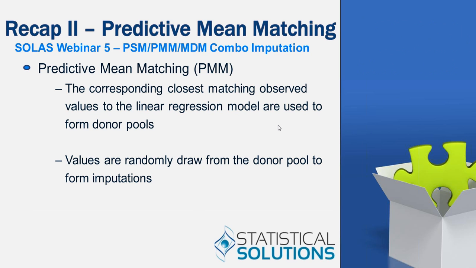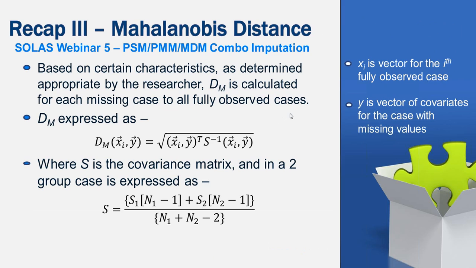And finally, the third method incorporated into our combination method is the Mahalanobis distance matching. Here this is based on characteristics that are defined by the researcher, such as age, height, income, depending on the study. The Mahalanobis distance is calculated for each missing case to all fully observed cases.